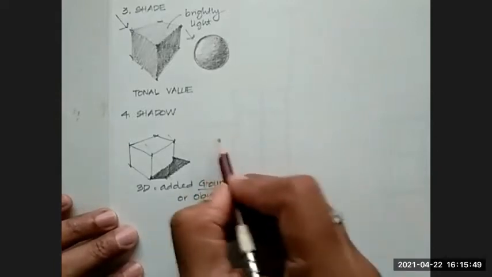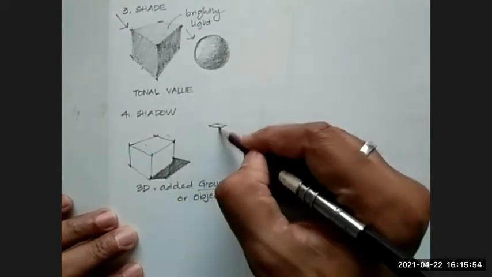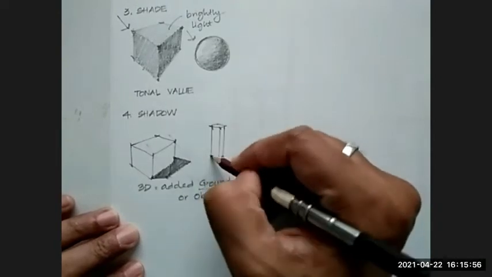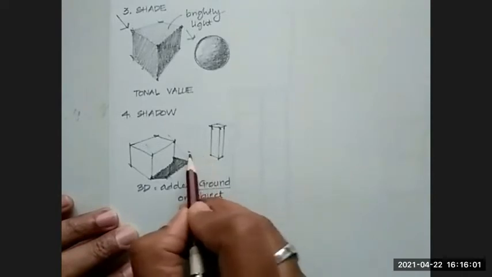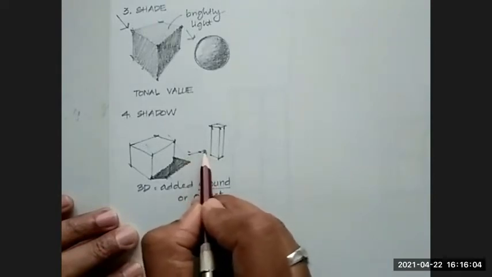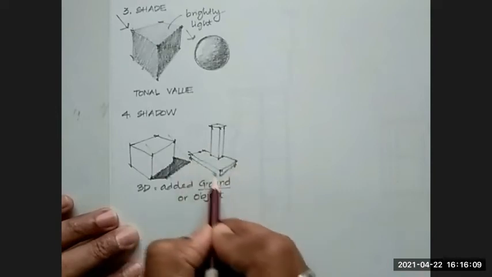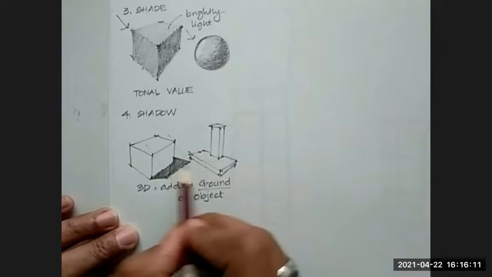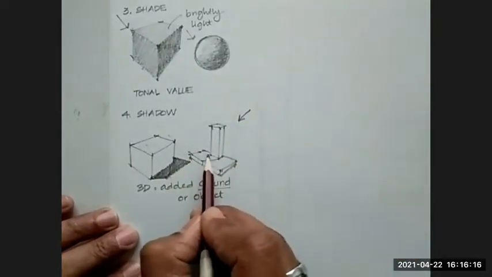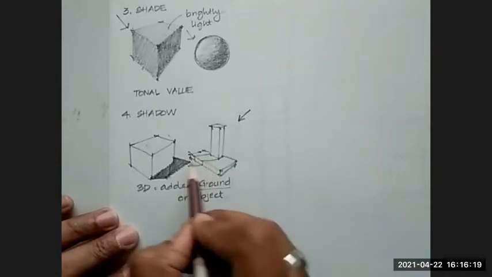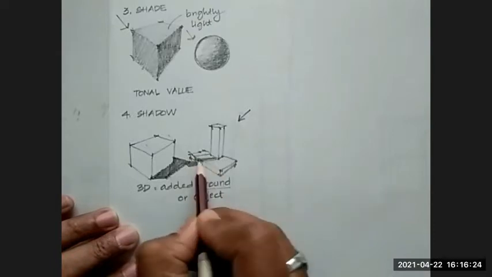So for example, when I say on the object is, let's say there is an object like that, and the object is standing on the base and the light is coming from here, so it actually creates the shadow like that.